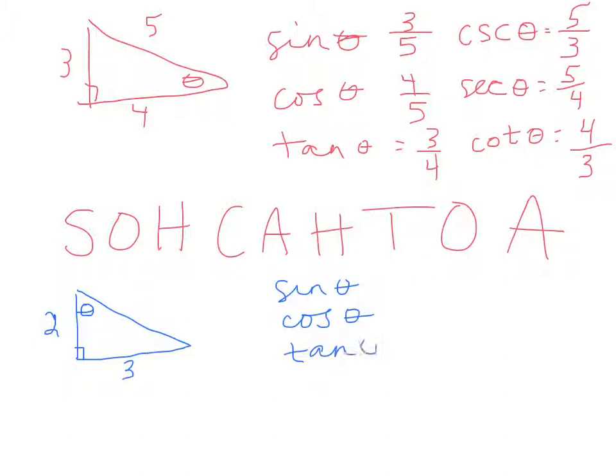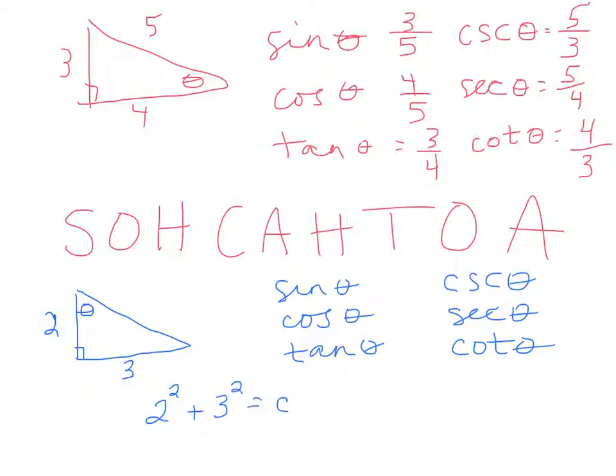But before you can start, what do you got to do? Yeah, you got to find the hypotenuse. I don't have a third side, so if I don't have a hypotenuse, I can't do sine and I can't do cosine. So you have to find the hypotenuse. That's the Pythagorean theorem. 2 squared plus 3 squared is my hypotenuse squared.